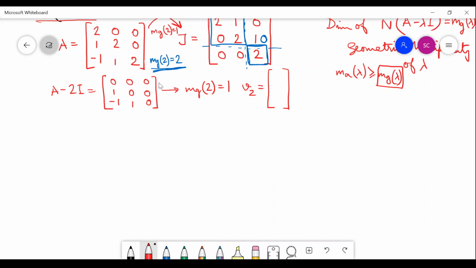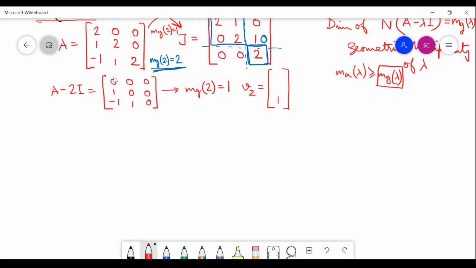You can see from here, if you write a vector v here for the null space, x1 would get multiplied with this, x2 will get multiplied with this, x3 will get multiplied with this. So x3 basically can be anything, because it is resulting in a 0 contribution. So let us take x3 as 1.